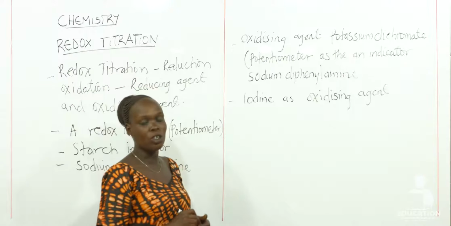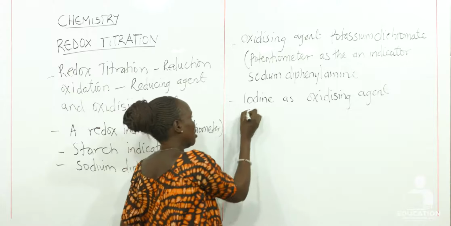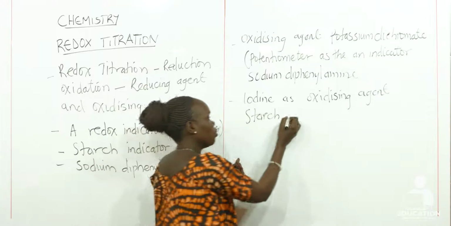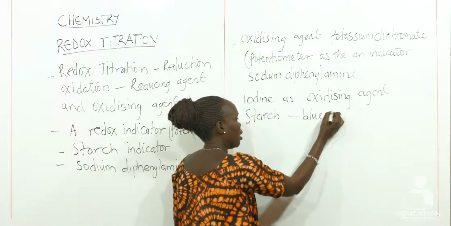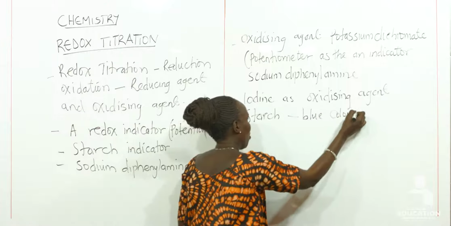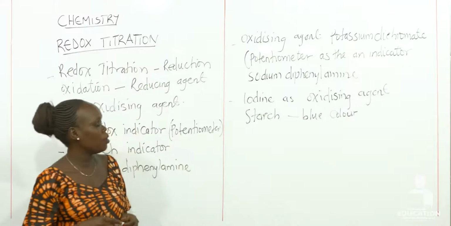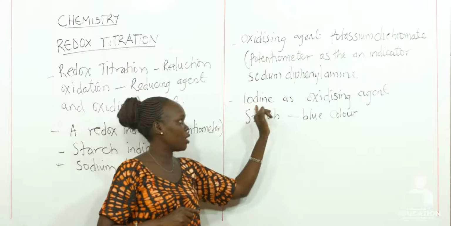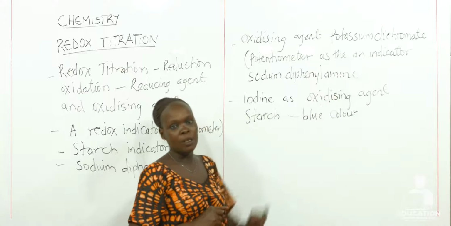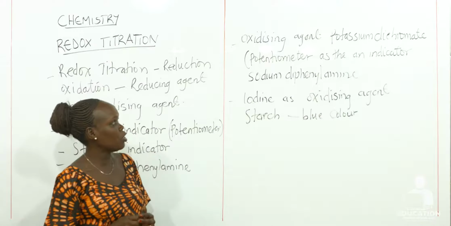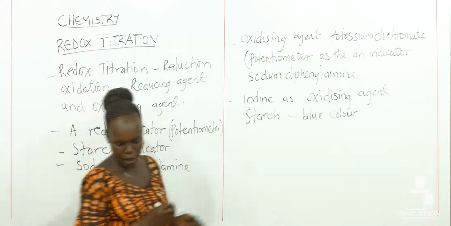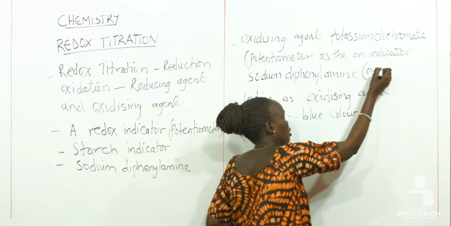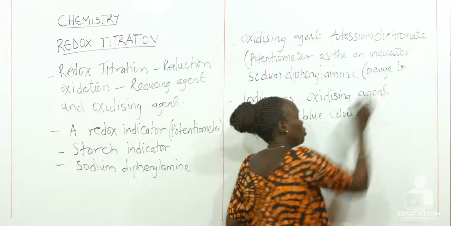In this case, we use a starch indicator, and this starch indicator will give us a blue color at the end point. This is a reaction whereby we have iodine as the oxidizing agent. So in the first one, when we are using sodium diphenyl amine, the color changes from orange to green.